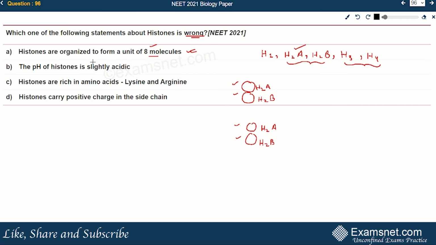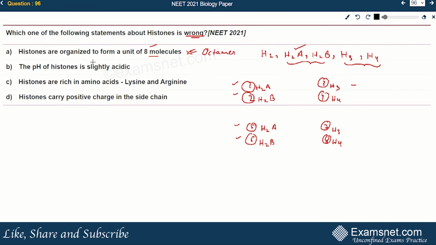Okay, similarly H3 and H4 will form pairs together. How many pairs? 1 pair here and 1 pair here. Okay, so H3 and H4 again. So how many total molecules? 1, 2, 3, 4, 5, 6, 7, 8. Okay, so these 8 will form a unit of 8 molecules, that is histone octamer.